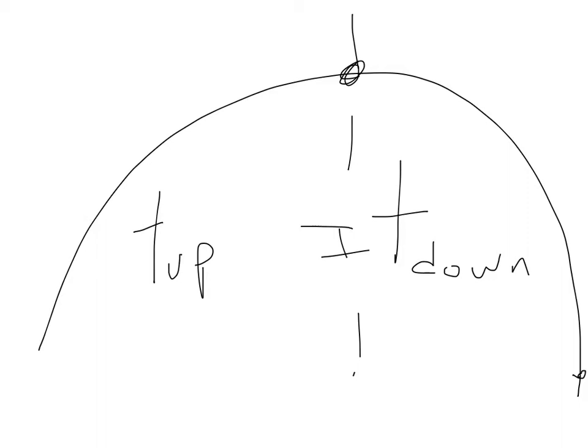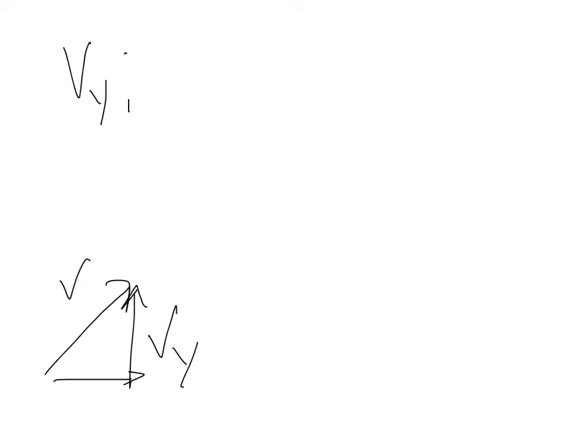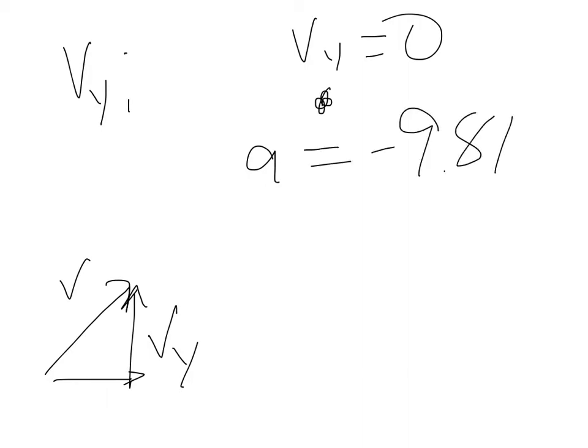So if the time up and the time down are the same, what if we tried to find that time to the peak? Well, what do we know? We know the y component of the velocity, right? This is our initial velocity, Vy initial. And at the peak, we know that the Vy is 0. And we also know the acceleration is negative 9.81 meters per second squared.